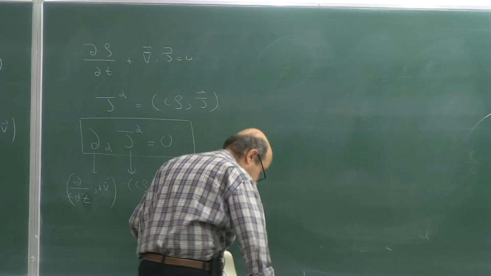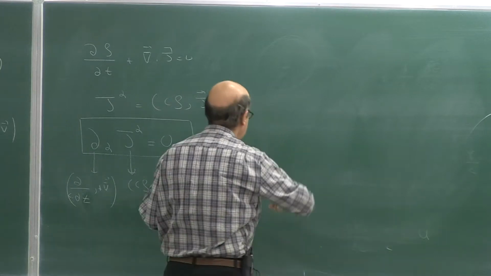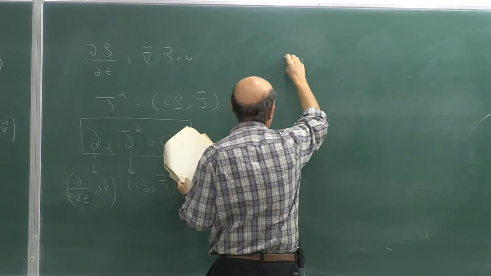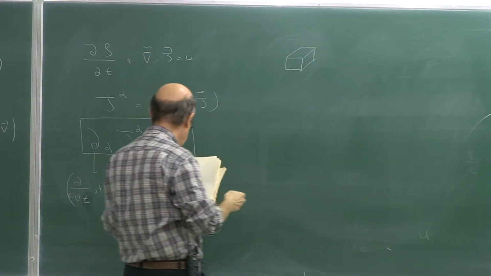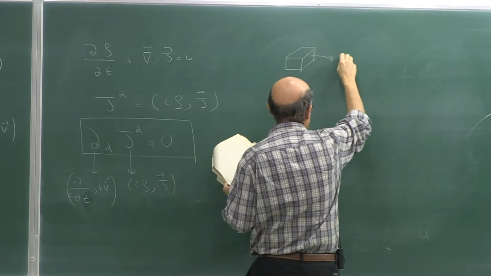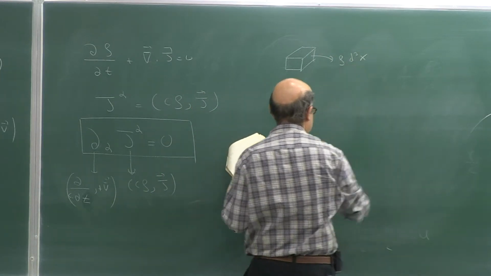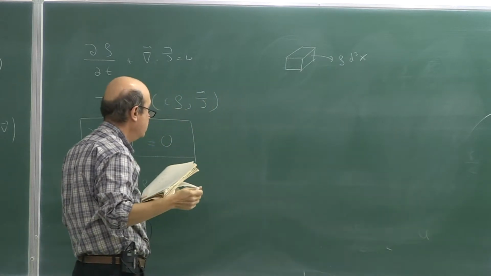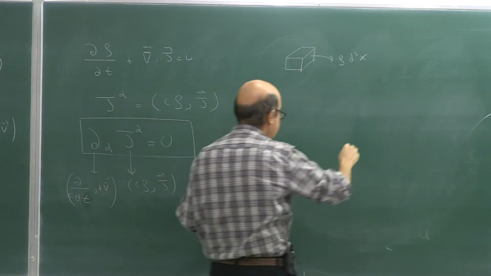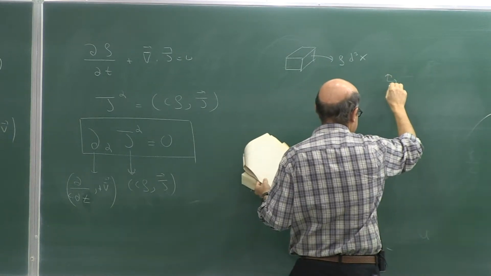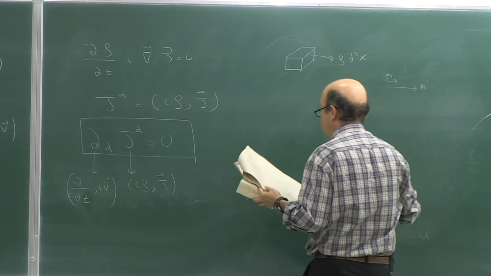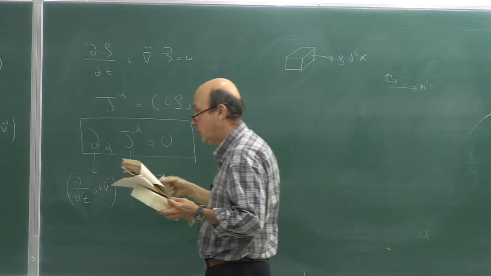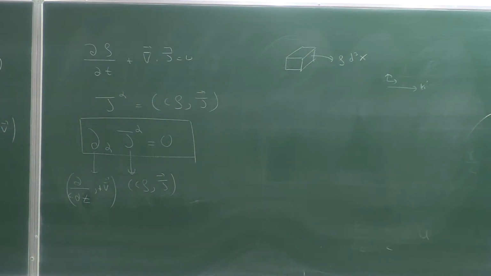Basically, if you look at the total charge, let's say in this cubic box, that will be charge density times d cube x. d cube x is just the x, y, z coordinates. And if you look at this from another frame moving with some velocity v prime, what will be changed? The total amount of the charge has to be conserved because the charge is conserved.